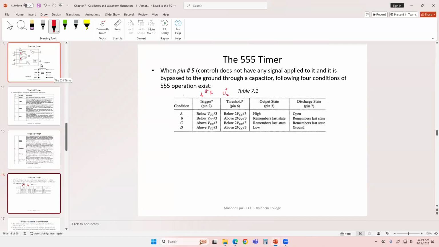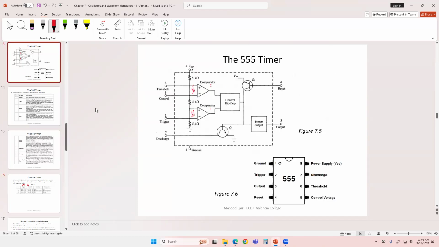So this is how the 555 timer is going to work, based upon the voltage at pin number 6 and the voltage at pin number 2. And once again, the voltage here is 1/3 of VCC, and the voltage here is 2/3 of VCC.